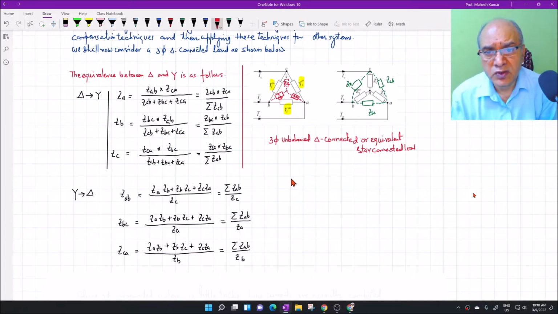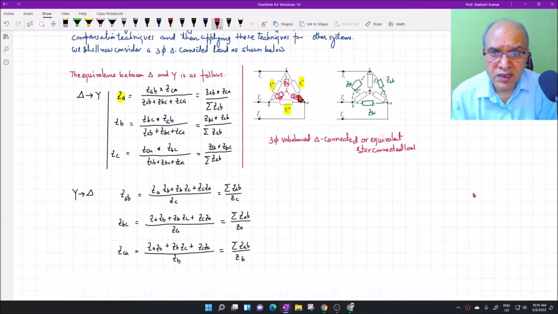With the help of circuit theory, you can find out the equivalence between the star and delta, and you can recall that these values are ZA equals the multiplication of ZAB and ZCA. If you want to remember, it's very simple.